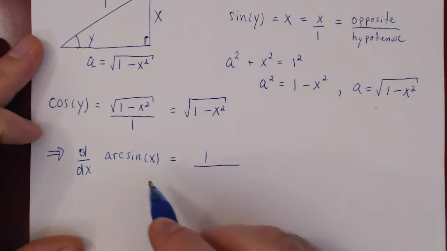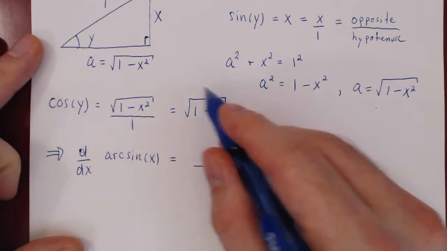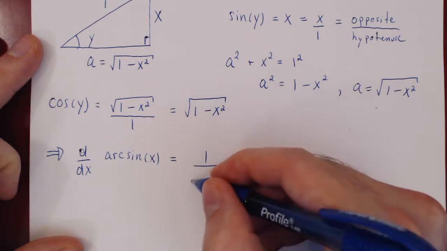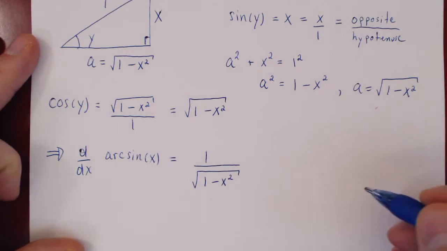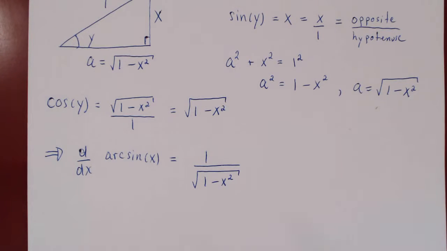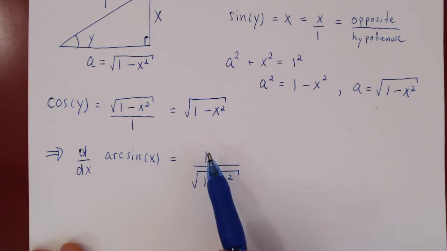So the derivative of arc sine of x is 1 over cos of y, which is, as a function of x, the square root of 1 minus x squared. And there you have it. The derivative of arc sine of x as a function of x is equal to 1 over the square root of 1 minus x squared.